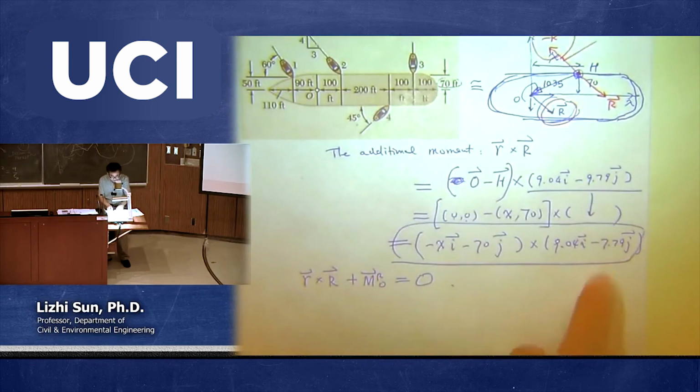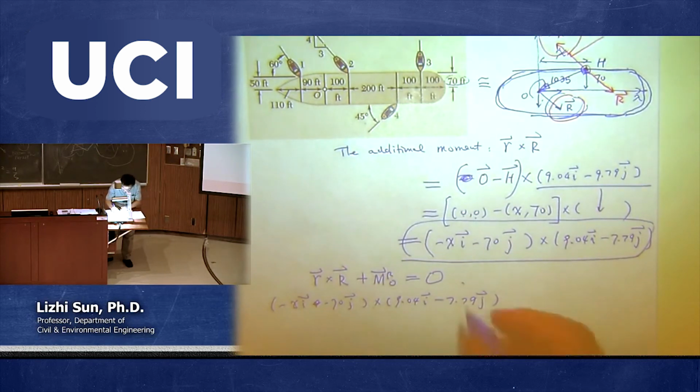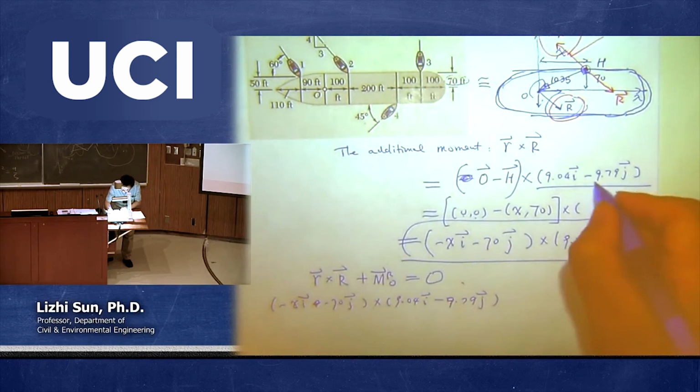So now let's do the math. R cross R is here. Negative xi plus negative 70j cross 9.04i minus 9.79j. I don't think this is 7, this is supposed to be 9, right? If I remember correctly. Yeah, I'm sorry, this is 9.79. It's here, it is 9.79.